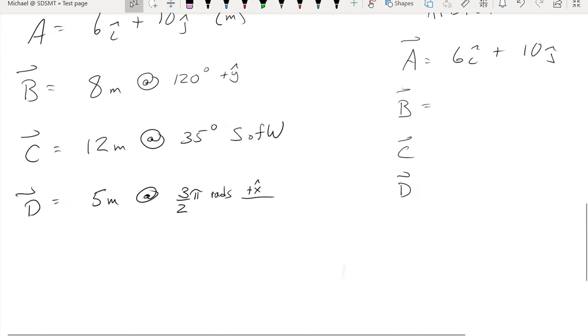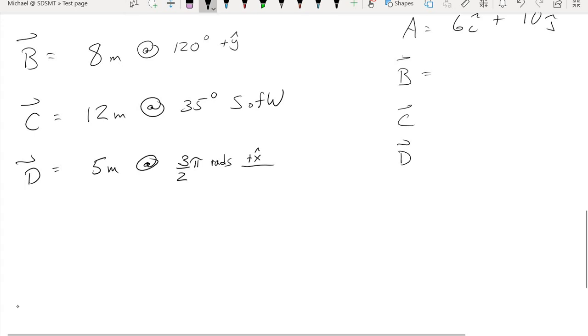So I'll go ahead and start with vector B, and I will make a quick sketch of vector B just so I can see what it looks like, and then I will apply the trig to produce the components of vector B. So vector B is 8 meters long, and we have to measure 120 degrees from the positive y-axis.